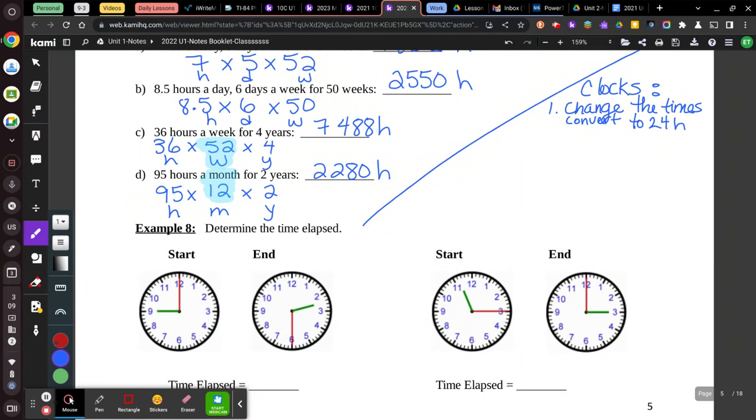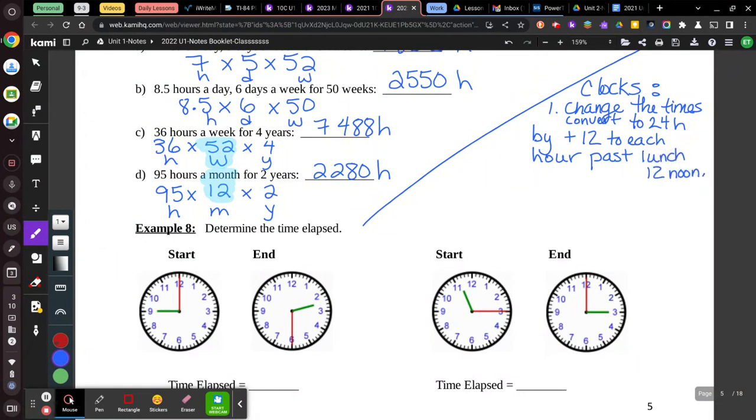Now, how do we do that? We do that by adding 12 to each hour in the afternoon, for each hour past lunch, which is 12 noon.